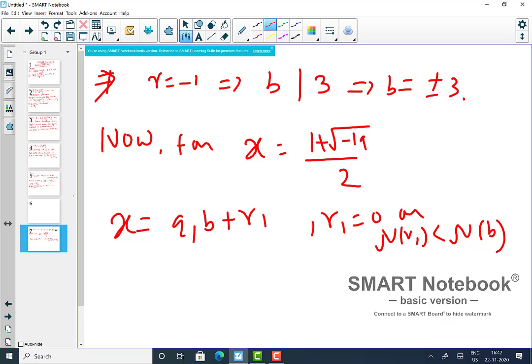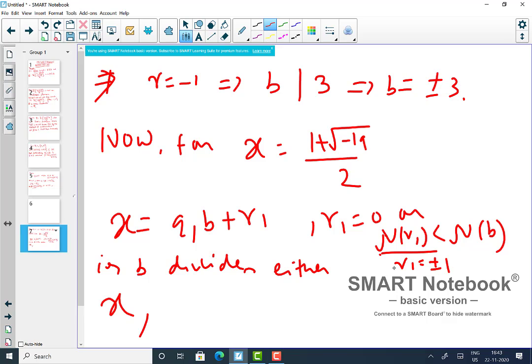So what does that mean? When r1 equal to 0, B divides x. When the norm of r1 is less than the norm of B, meaning B equal to plus or minus 3 or plus or minus 2, then r1 has to be plus or minus 1.